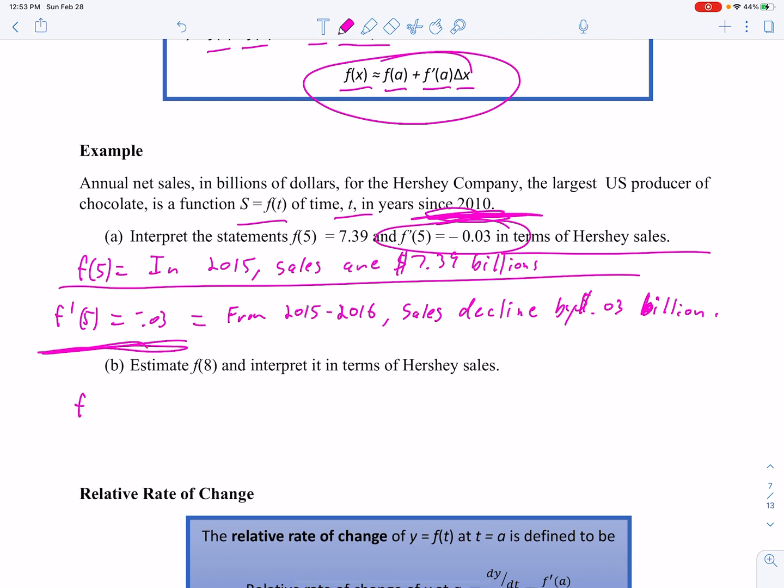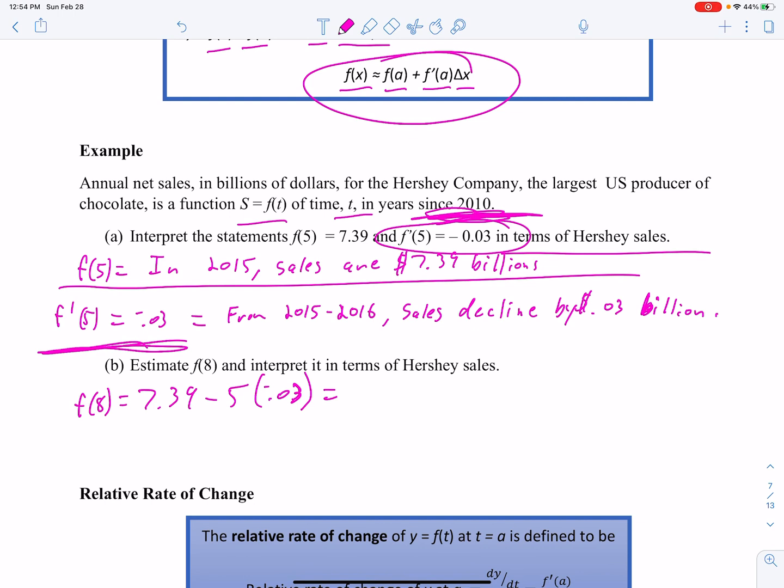So f of 8 equals the 7.39, that's f of a, plus 8 minus 5 times negative 0.03. Oh, my mistake, I accidentally erased the negative there. There we go. Okay, so we're good.